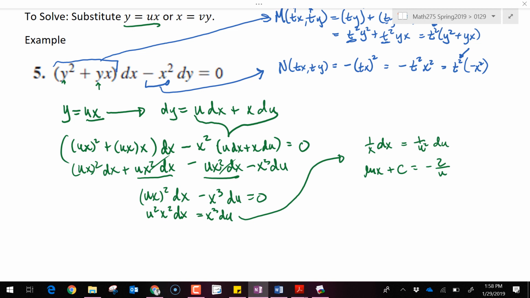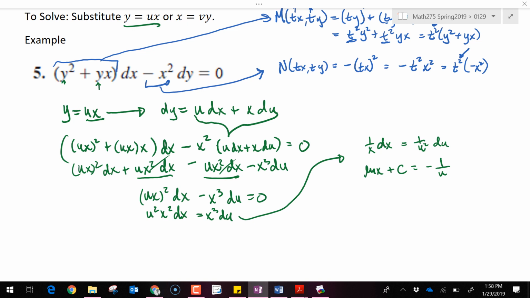So is that it? Do we have our general solution? If we integrate, and then we add 1, it's negative 1. Okay. So we good?